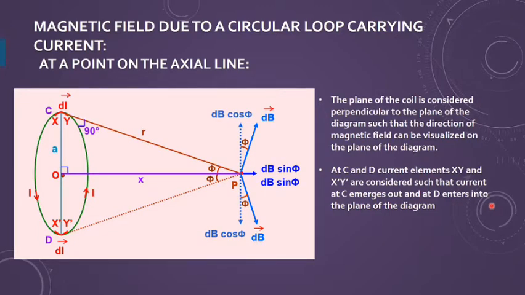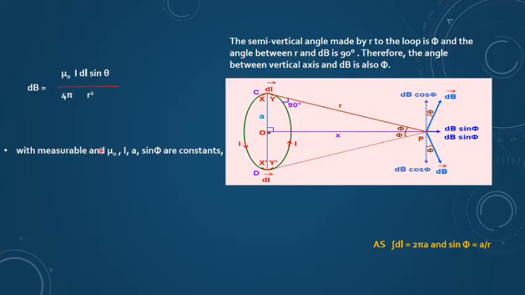Now we want to find the total magnetic field at this point P because of all the small current elements on the ring, or you may call it a circular loop. So this is the formula by using the Biot-Savart law, which we have already discussed: dB equals mu naught I dl sin theta divided by 4 pi r square.